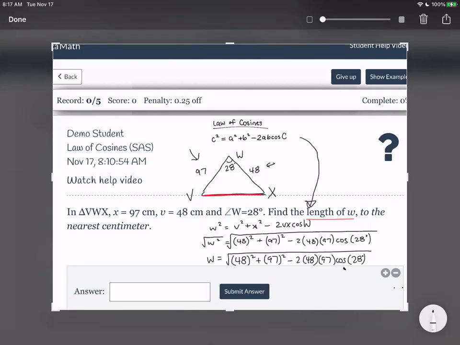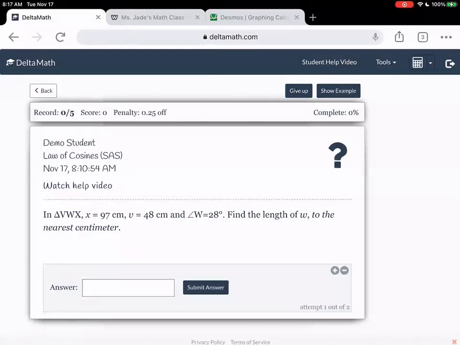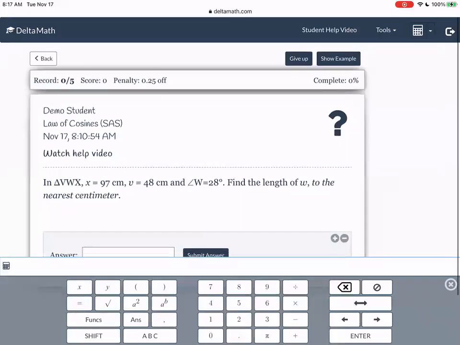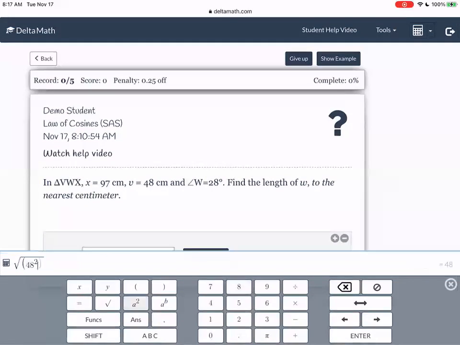So I'm going to go ahead and type this into the Desmos calculator. I want square root of 48 squared plus 97 squared minus 2 times 48 times 97.